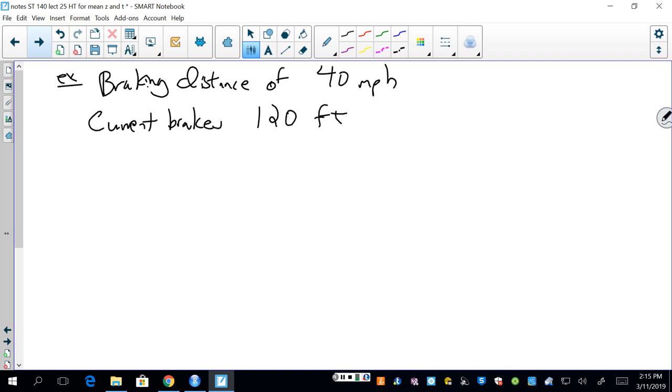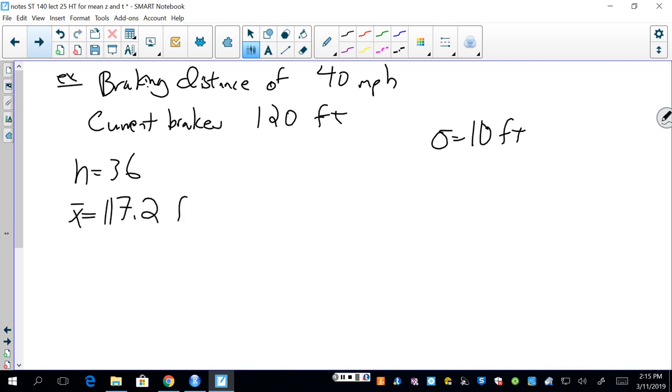And let's say that the standard deviation of 10 is given to you. And you test 36 cars, and the average braking distance is 117.2 feet. Probably professional drivers, really sophisticated equipment, closed track, things like that, trying to stop.